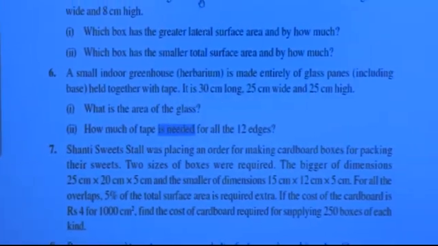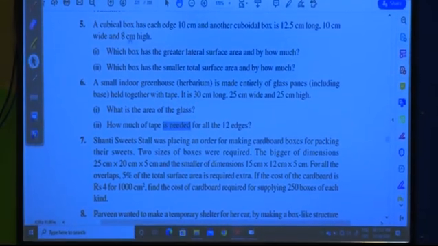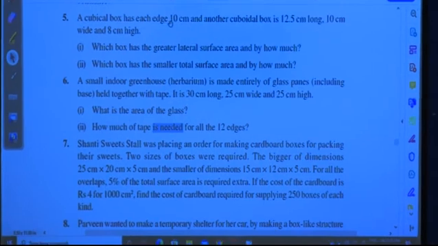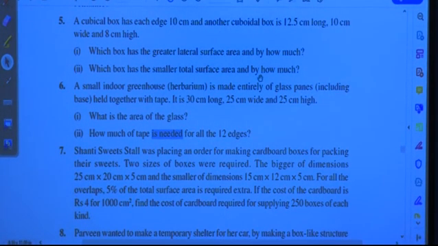It is mentioned here, a cubical box has each edge 10 centimeter and another cuboidal box is 12.5 centimeter long, 10 centimeter wide and 8 centimeter high.